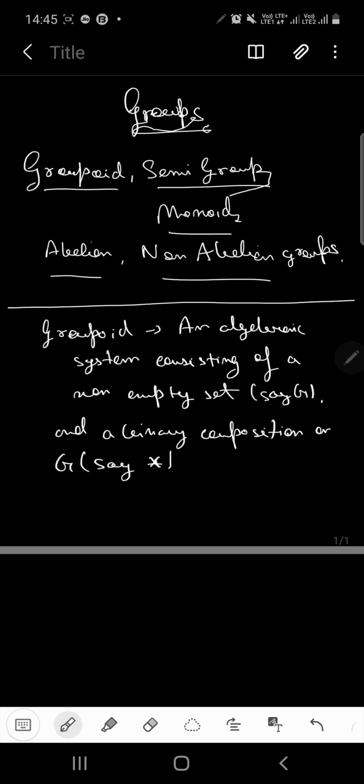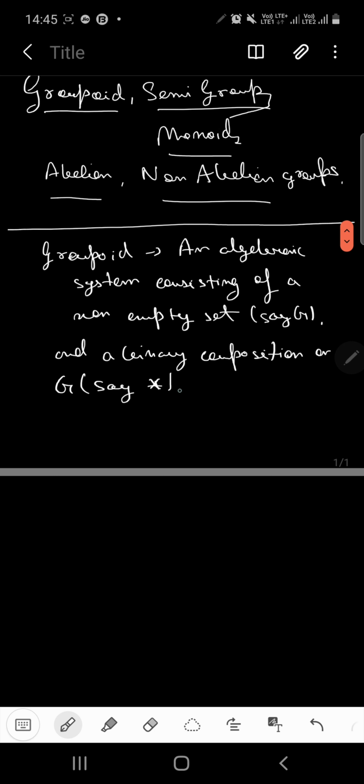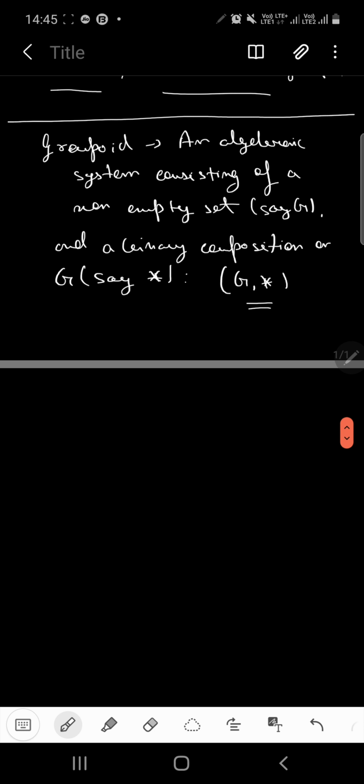So a groupoid is an algebraic system consisting of a non-empty set G and a binary composition on G, that is star. You can write it like this. So now this is a groupoid.